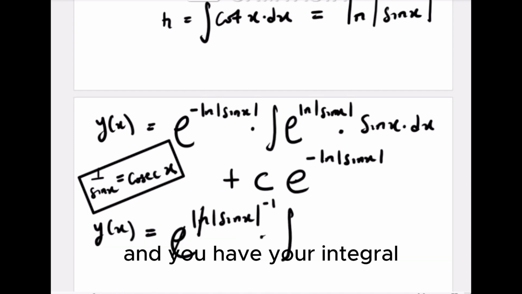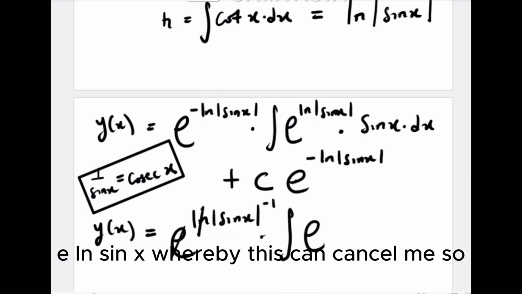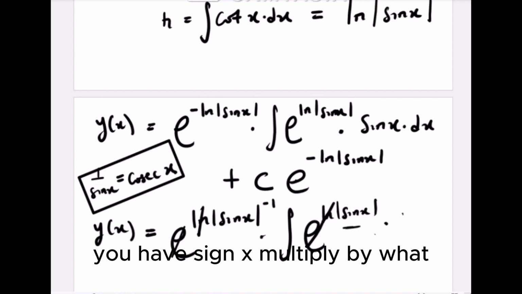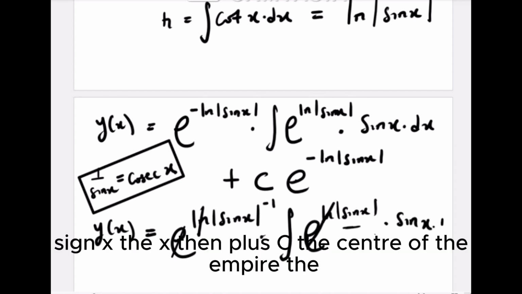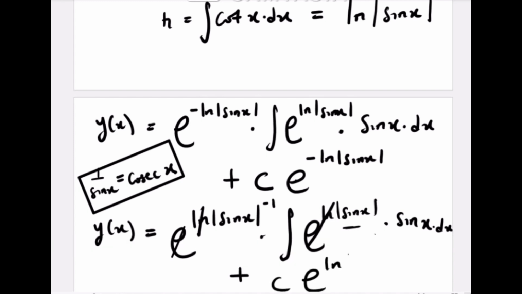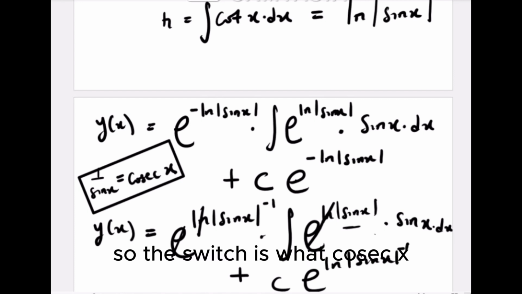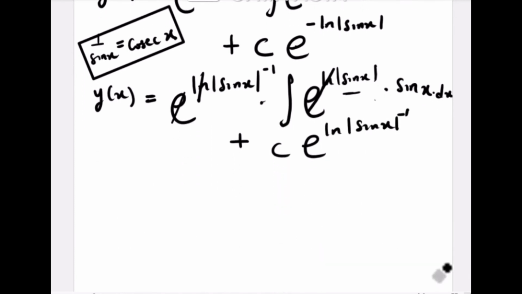Then you have the integral of e to the ln sin x, whereby this can cancel, so you have sin x multiplied by sin x dx, then plus c. The inverse of sin x is cosec x.